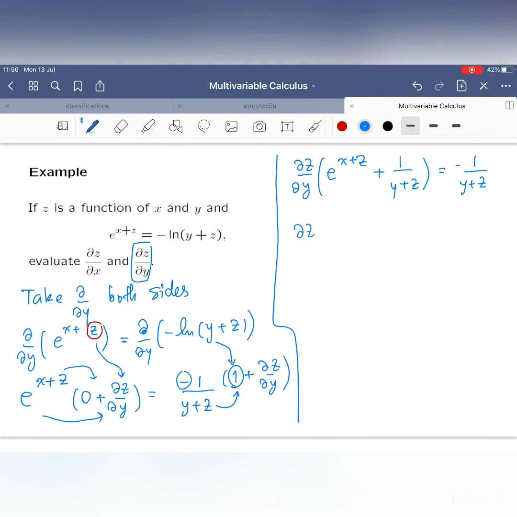So it means that dz by dy is simply negative 1 over y plus z over e to the x plus z plus 1 over y plus z. And don't bother simplifying anything. Leave it like that. That will be your good final answer.